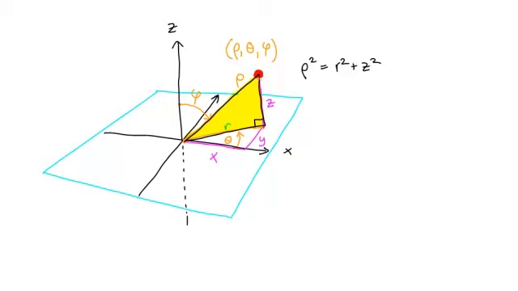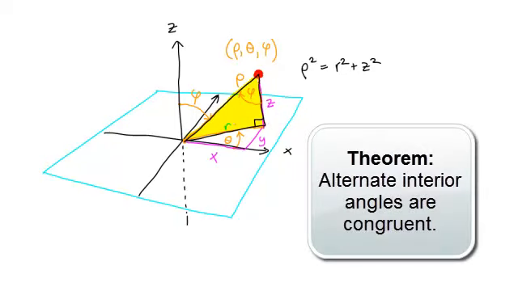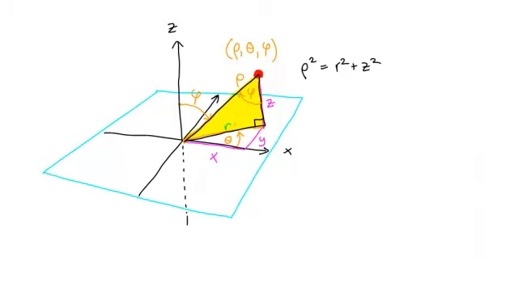Also, since the z-axis is parallel to this z component, a theorem from geometry says that the angle phi made from the hypotenuse and the z-axis is the same as the angle from the z component to the hypotenuse. This is what I believe is known as the alternate interior angles theorem from geometry.